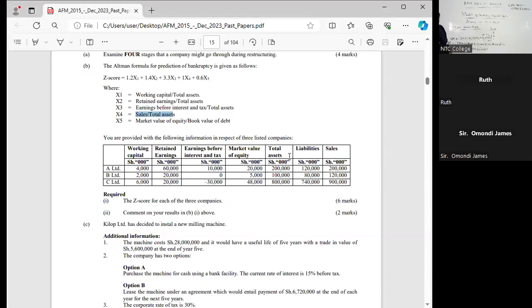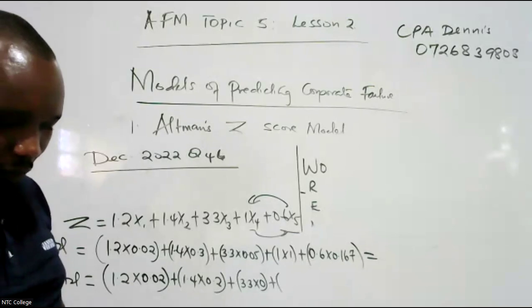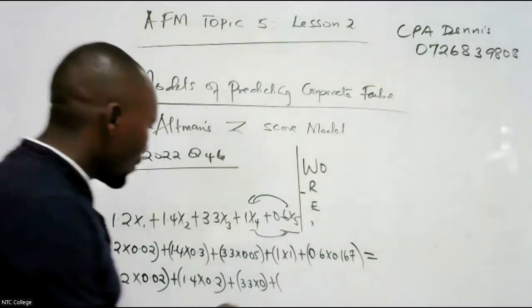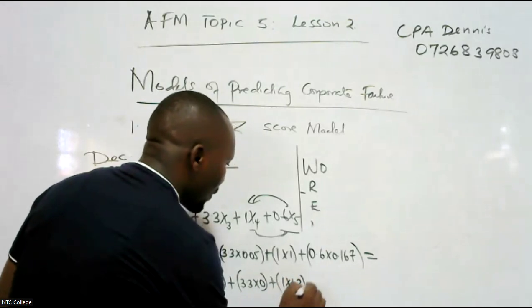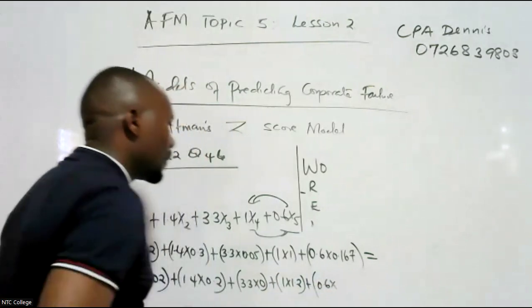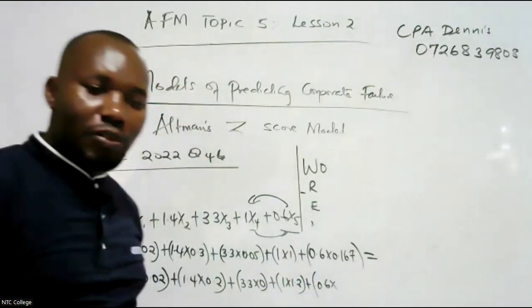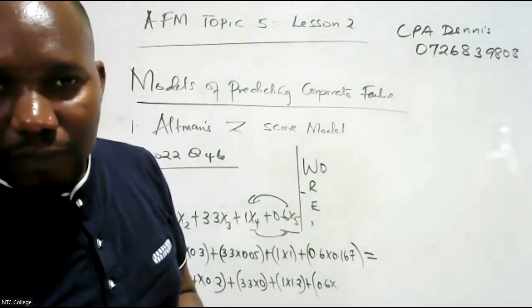In B limited, it is 120 divided by 100. Total asset 100, and 120 is sales, divided by 100. So we have 1 times 1.2, not 1.1, 1.2. All over 0.6 times. The last one, we need to know the value of debt and the value of ordinary shares.